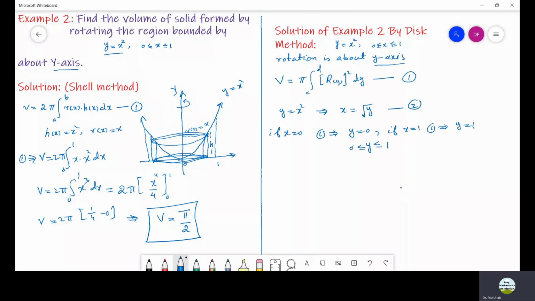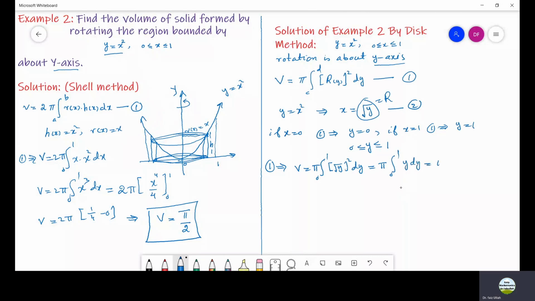Now putting values in formula number 1, we have V = π, limits are from 0 to 1, R(y), so R(y) is this function, √y, whole squared, dy. Let us simplify this, which gives ∫ from 0 to 1 of y dy.